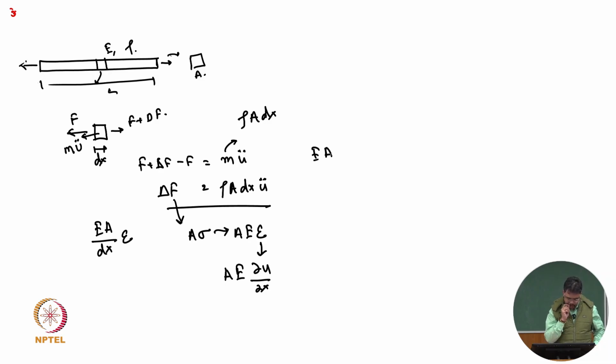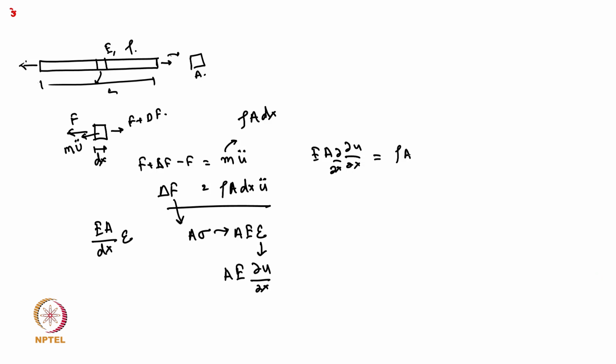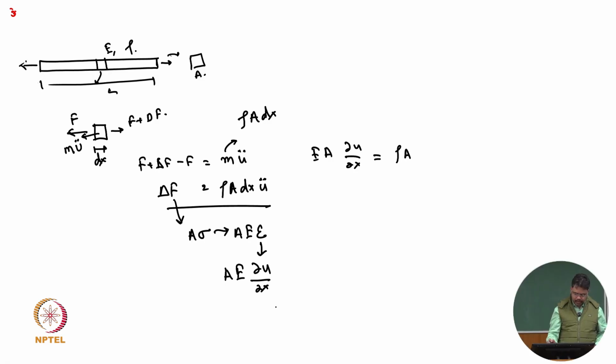So what can I write? That small change in force should be equal to rho A u double dot dx. This one is the force, that is all okay, yeah. Equal to rho A U double dot dx. Okay. So from here, what can we write?